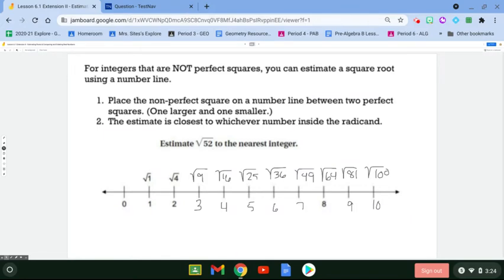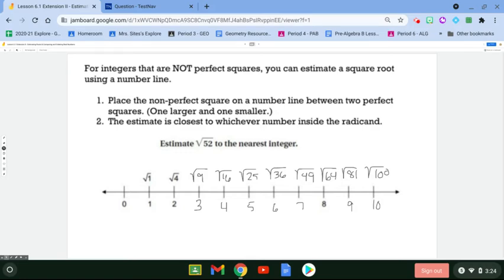So anytime you have a number that's not a perfect square root, for example the square root of 52, I'm going to place that non-perfect square root on the number line between the two perfect square roots that fall in between, so one bigger and one smaller.